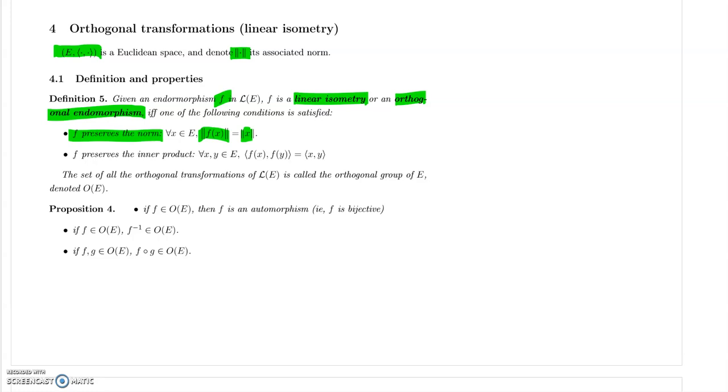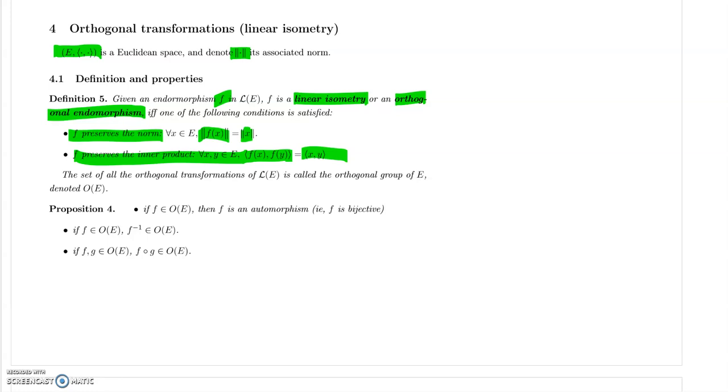Or another way to say that is that it preserves the inner product, meaning for any x, y, the scalar product of x, y is equal to the scalar product of their images, f of x and f of y. And the set of all orthogonal transformations of E is called the orthogonal group of E, and it's denoted O of E. So we have the orthogonal group of a linear space.